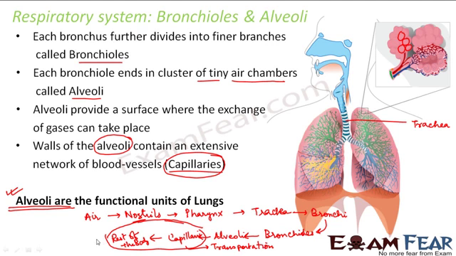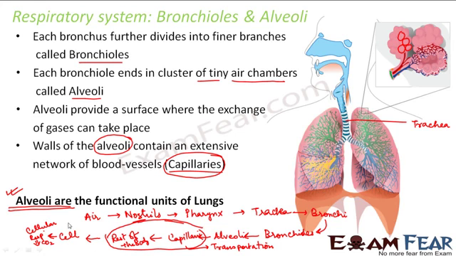Now once it reaches each and every corner of the body, that means it reaches each cell of the body, inside the cell cellular respiration will take place. That means oxidation of food will take place to release energy. Right? Now when the oxidation of food takes place, what will happen? Carbon dioxide will be released, and this carbon dioxide will again follow the same path backwards.